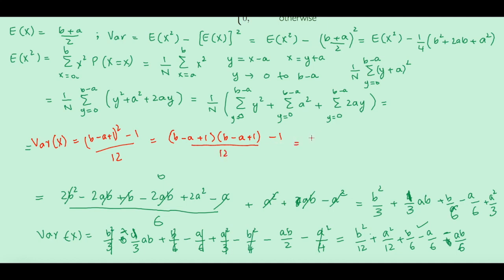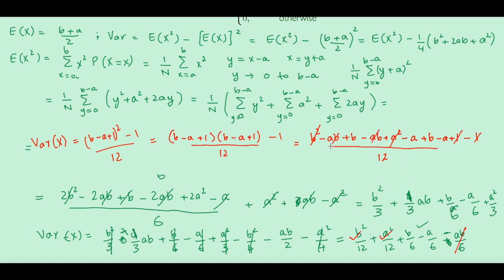Expanding, we get b squared over 12, then a squared over 12, then 1ab and 2ab, so minus 2ab over 12, which is minus ab over 6.